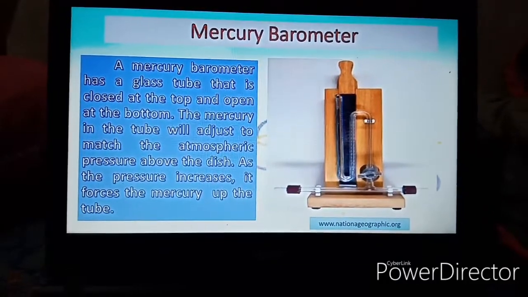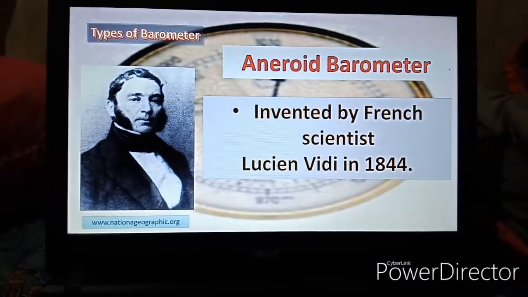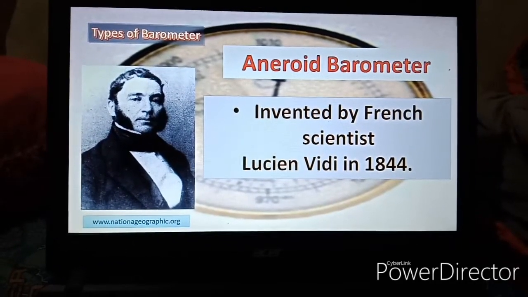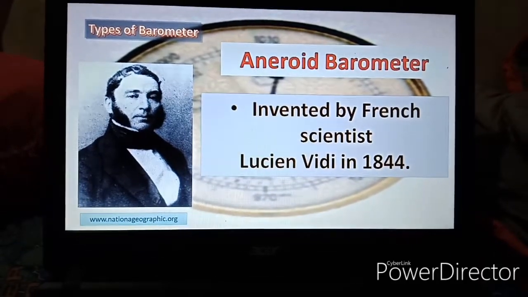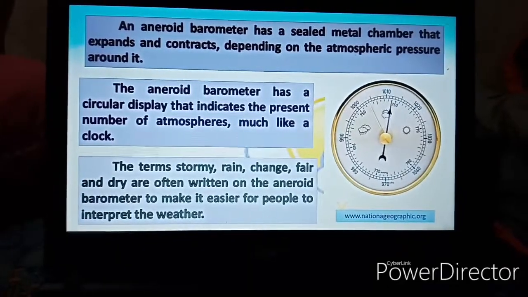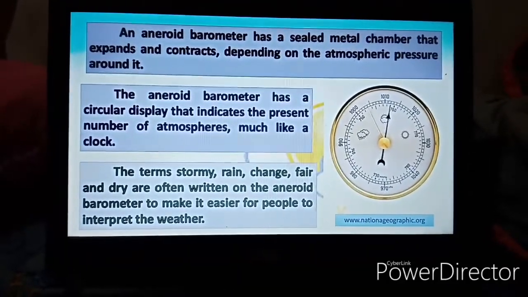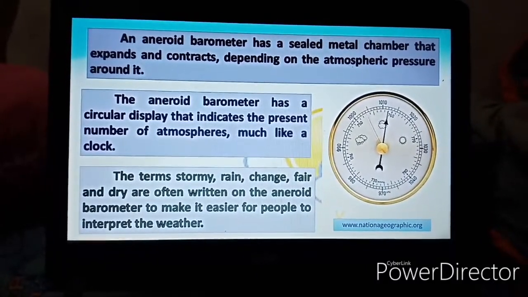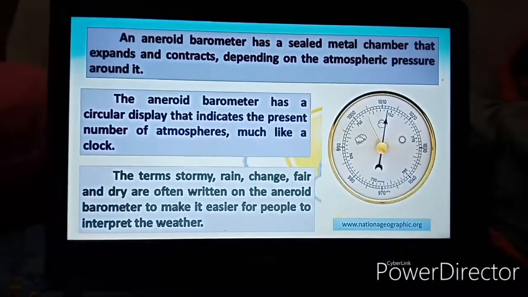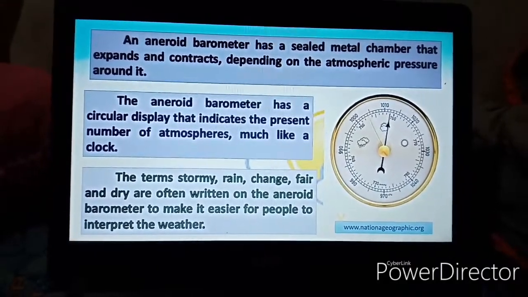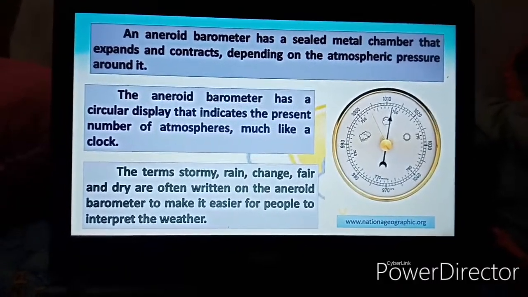The next type of barometer is the aneroid barometer. It was invented by a French scientist, Lucien Vidi, in 1844. An aneroid barometer has a sealed metal chamber that expands and contracts depending on the atmospheric pressure around it. It has a circular display that indicates the present atmospheric pressure, much like a clock.